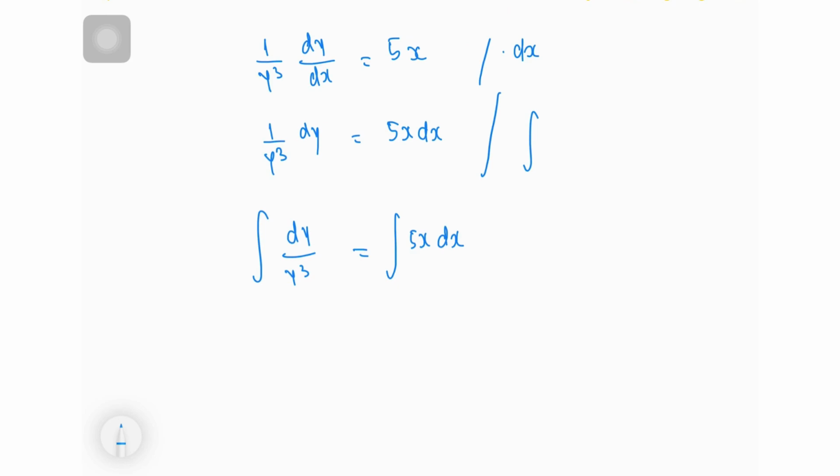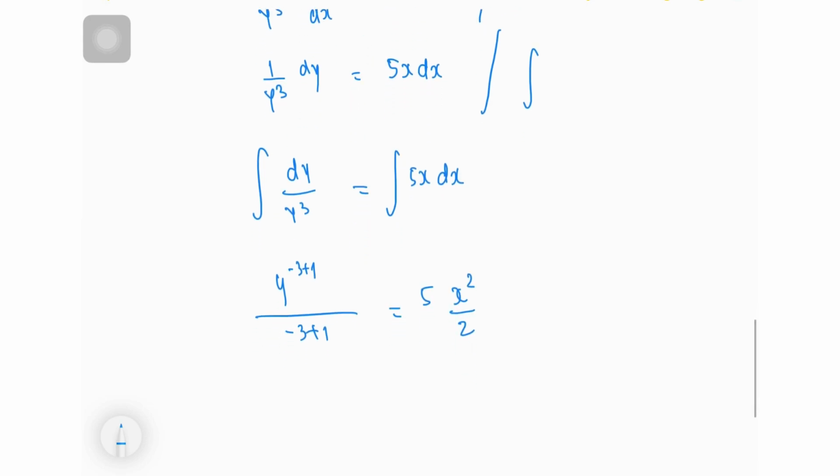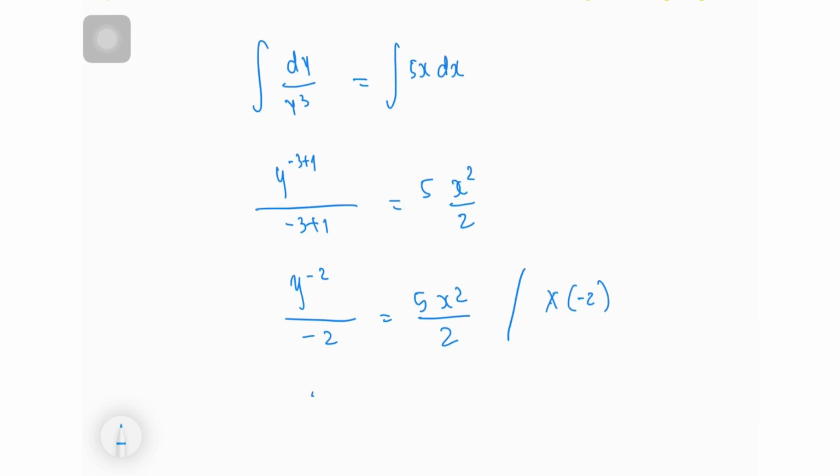These are basic integrals, so this is y to the power minus 3 plus 1 over minus 3 plus 1 equals 5x squared over 2, or y to the power negative 2 over negative 2 equals 5x squared over 2. We can multiply by negative 2, and that is 1 over y squared equals negative 5x squared.